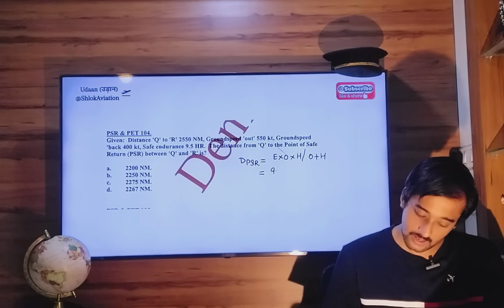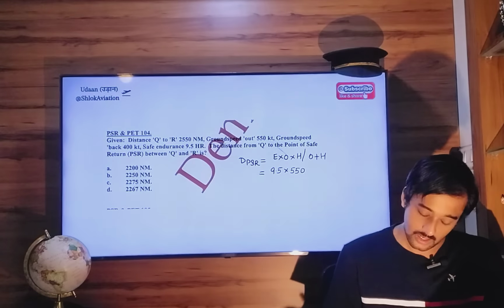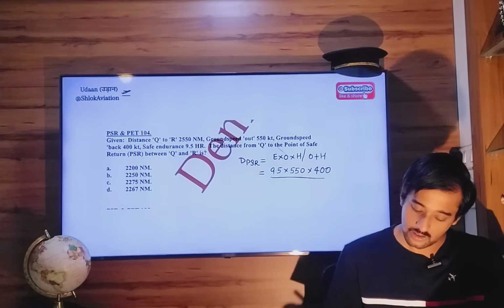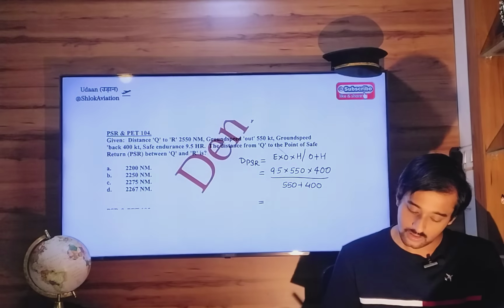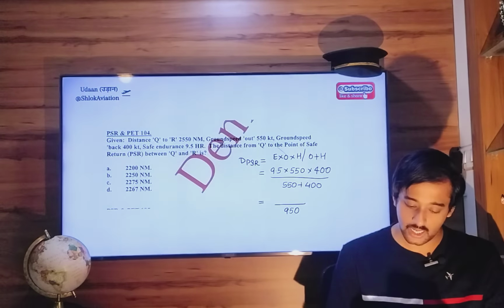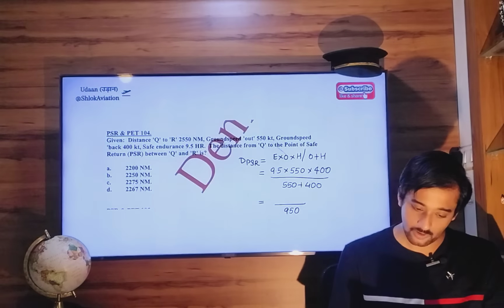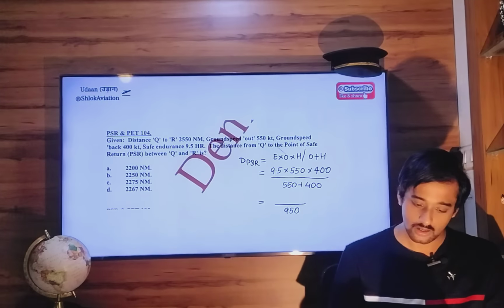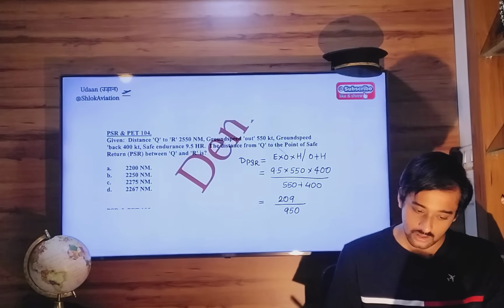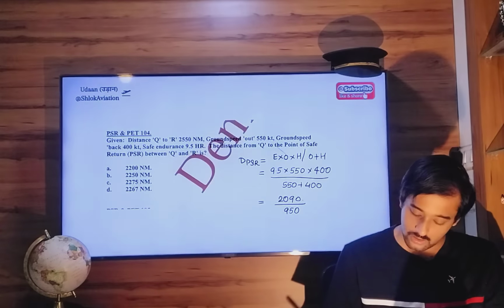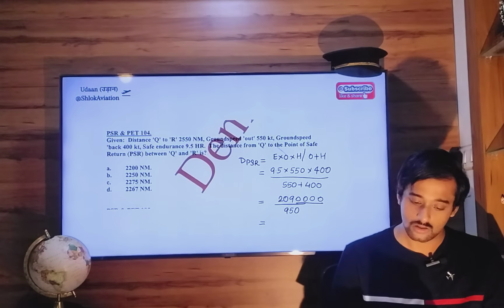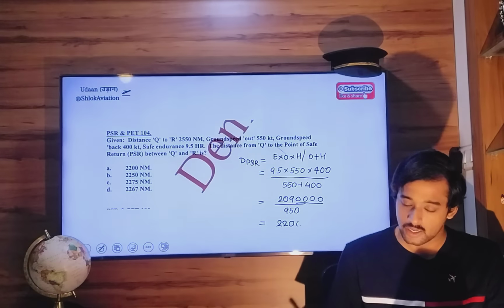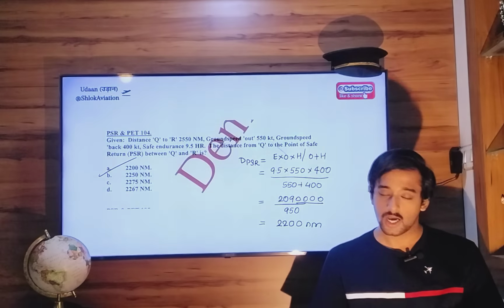So it's 9.5 into 550 into 400 divided by 550 plus 400, 950 in the denominator. 9.5 into 550 into 400 is equal to 2200 nautical miles. So option alpha.